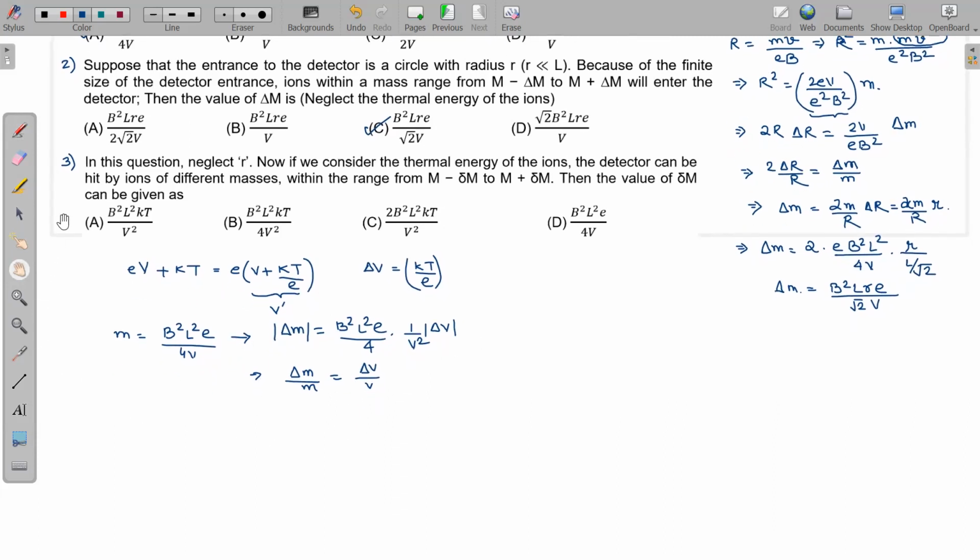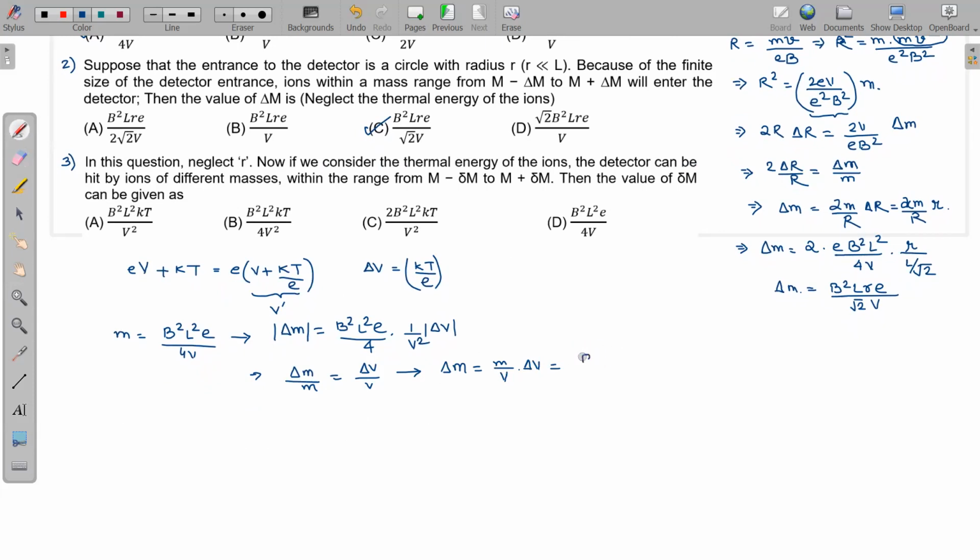Okay, so this will be the relation between delta M and the change in the applied voltage delta V. So we need to find the value of delta M from here. So you can directly say that delta M will be equal to M divided by V times delta V. So M, what is the value of M?